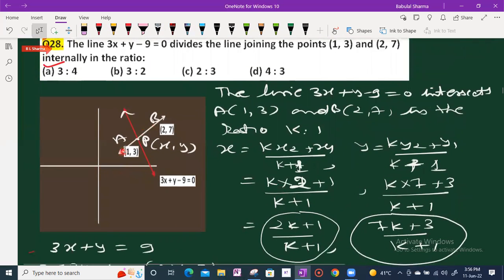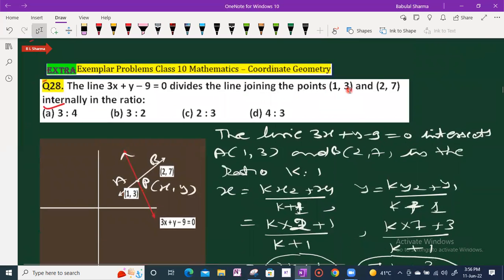See, these are the points 1, 3 and 2, 7. We supposed that 1, 3 is point A and 2, 7 is point B, and a line whose equation is 3x plus y minus 9 is equal to 0 is given, which intersects the line segment joining A and B at P in the ratio k is to 1, meaning AP is to BP is k is to 1.